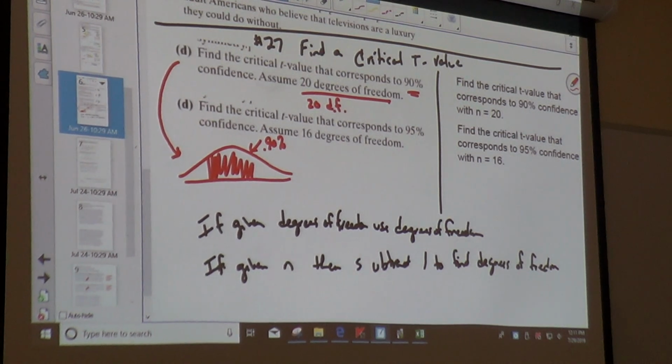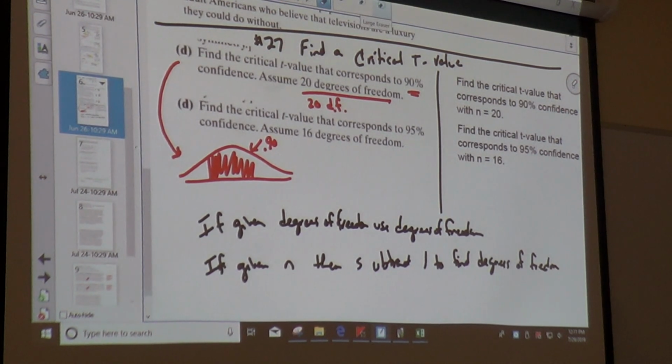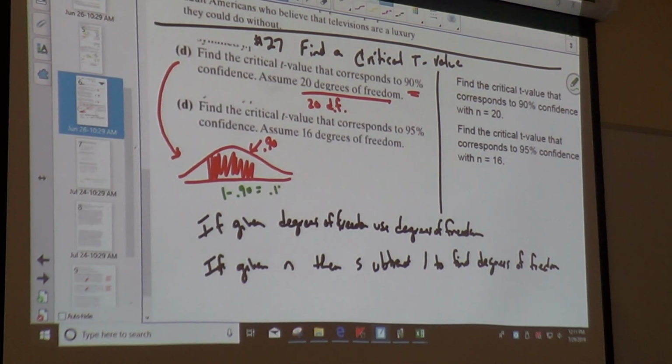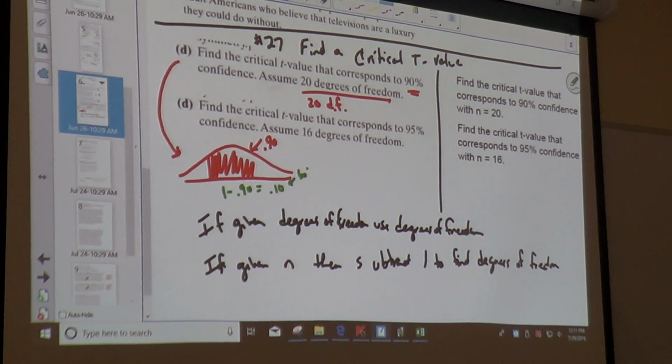So if this is 0.9, then I did 1 minus 0.9 gave me 0.10, which represents both tails. Then I divided it by 2, so 0.05 is going to be each tail. So that means this is 0.05. So I'm going to have 0.05, and that is what I'm going to use on table 7.